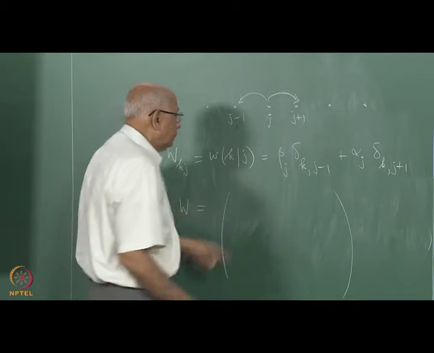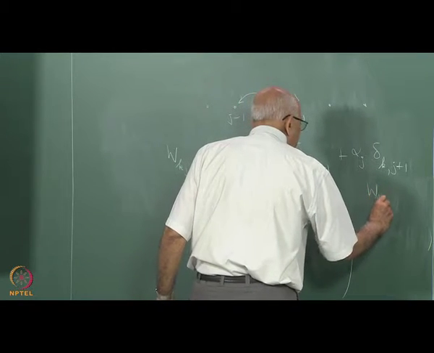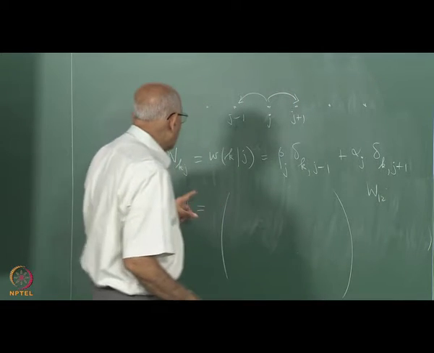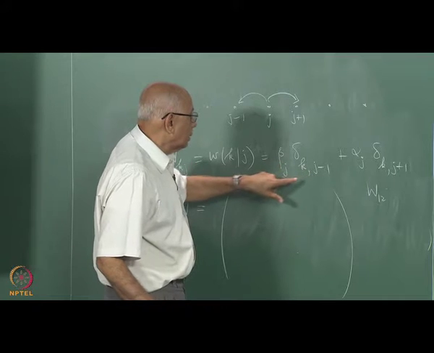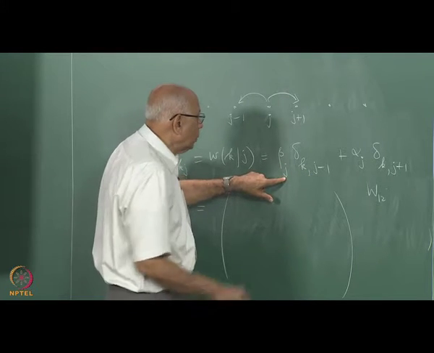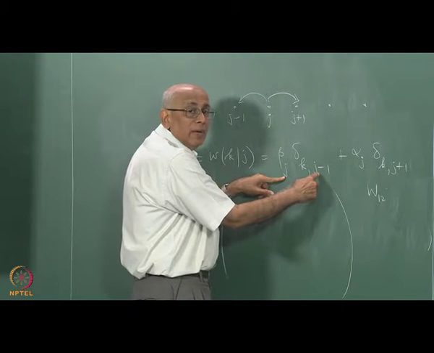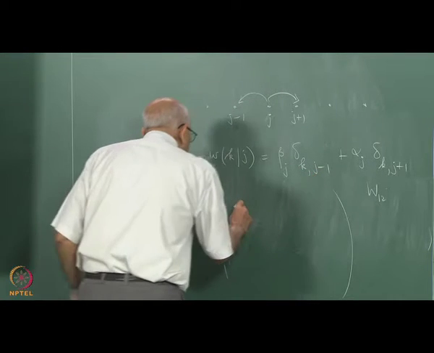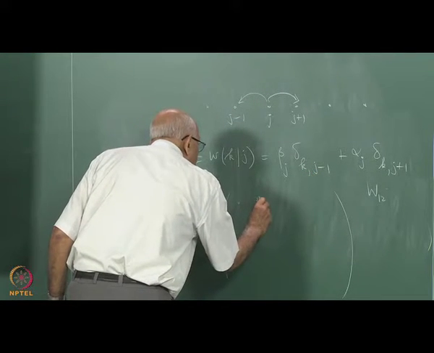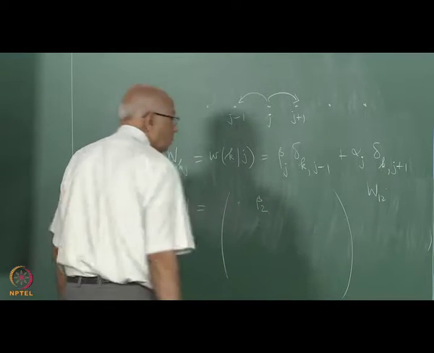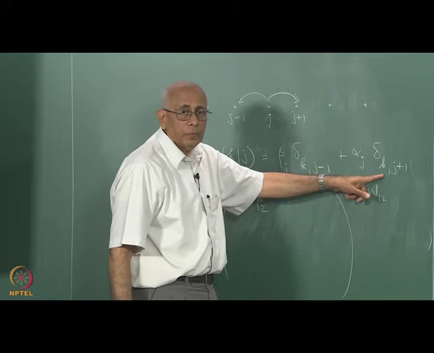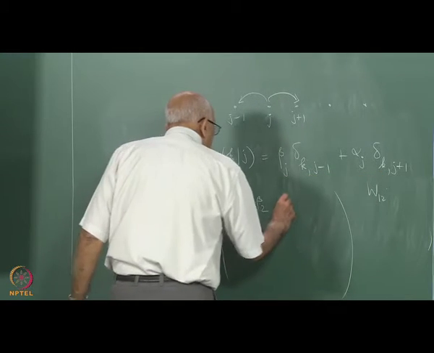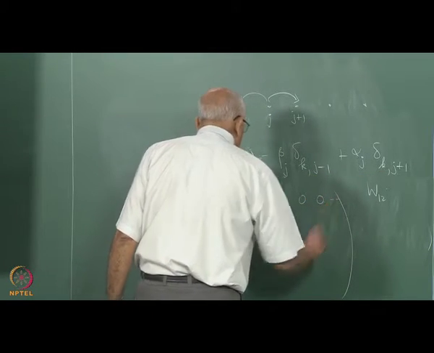So in this case k is 1 and j is 2. This is beta 2, and then when k is 1 it fires. So you certainly have something here, and then you have beta 2 in this case, and this term contributes 0. All the others are 0, 0, 0, etc.